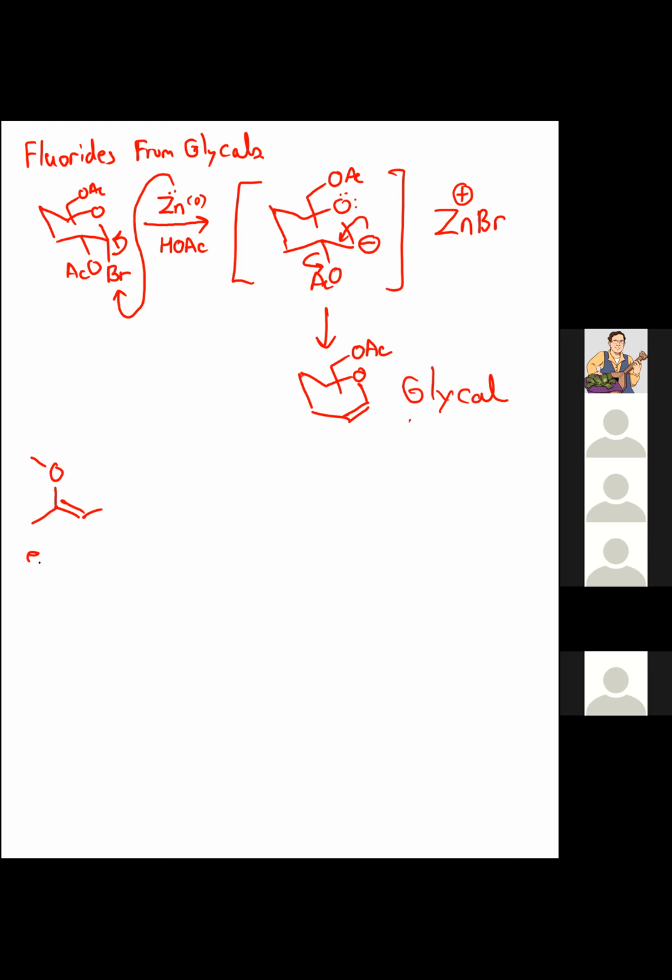This is called an enol ether, because it is both an enol, in that it is an oxygen next to a double bond that really wants to be a ketone, and an ether, because that oxygen is attached to a carbon, so it's kind of stuck like that. These are enol ethers. We're going to play around with the advantages of what we can do with these in a bit, with glycals specifically. We can make fluorides from glycals.